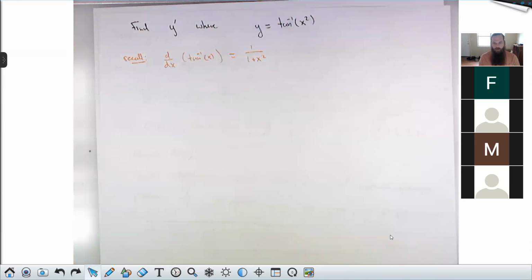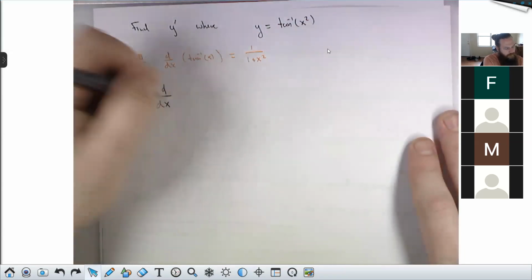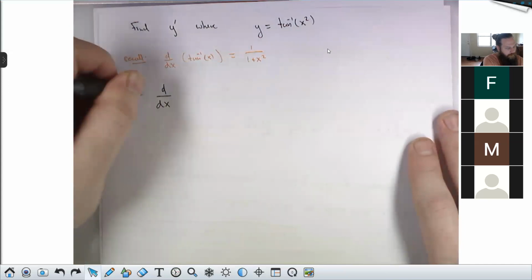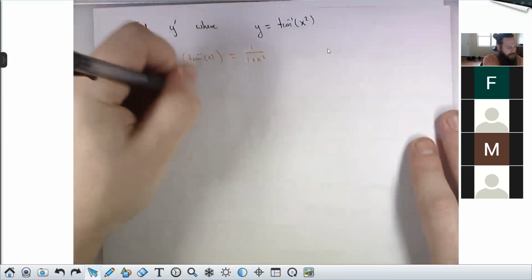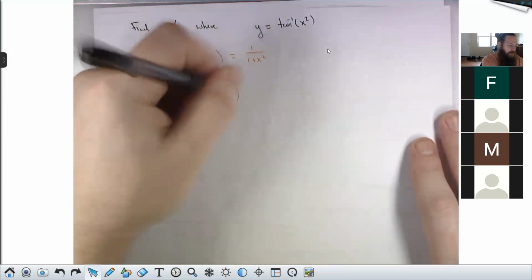Yeah, good. The chain rule, right? Here, my inner function is x squared instead of just x. So I need to use the chain rule when I differentiate this. So the derivative, y prime, is the derivative of the inverse tangent of x squared.